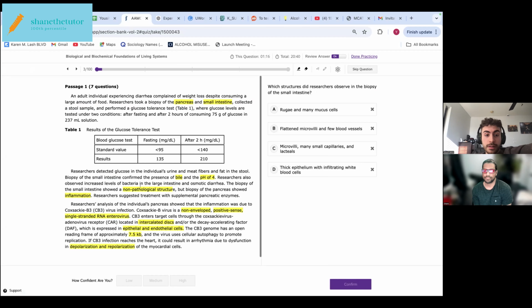And if it's non-pathological, I'm guessing between either B or C. I'm thinking B. So what are we looking for? It says what did they observe in the biopsy of the small intestine? Are we looking for normal or abnormal?